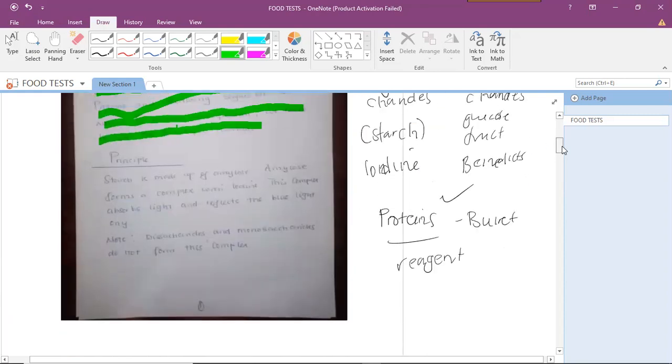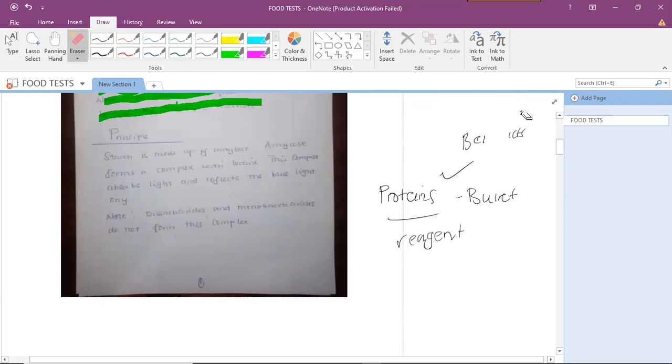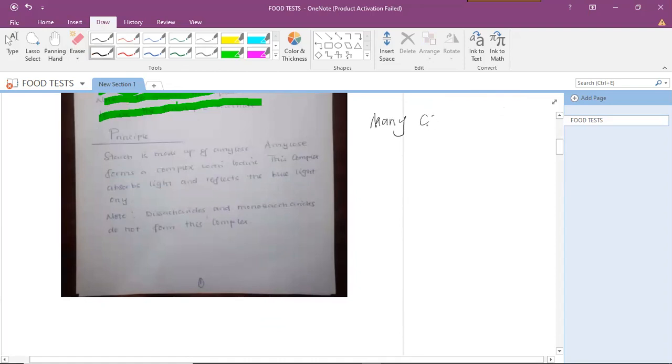We're going to start off with our test for starch. The first thing that I want you to understand is that starch is a polysaccharide. So starch is a polysaccharide. It means it's made up of many units of carbohydrates, so many monosaccharide repeating units.